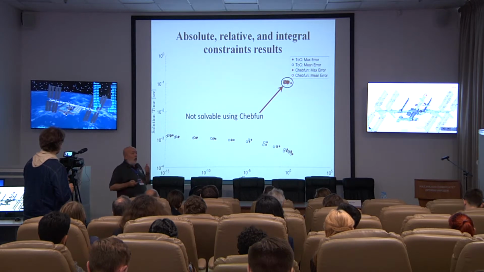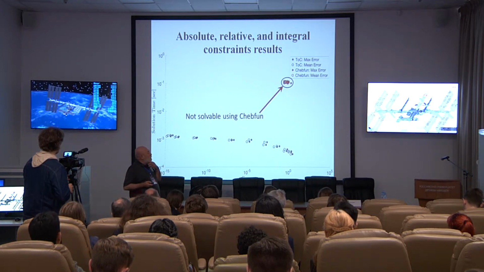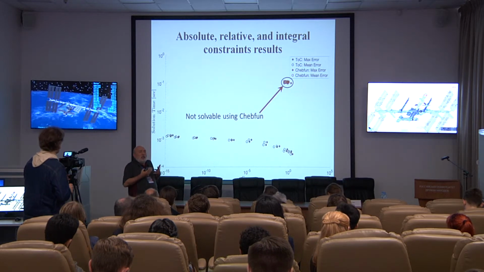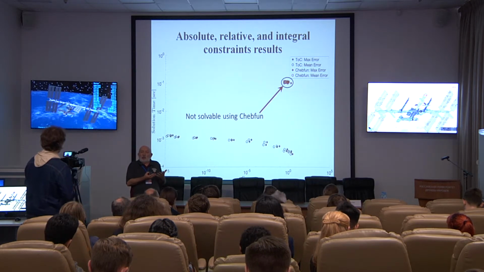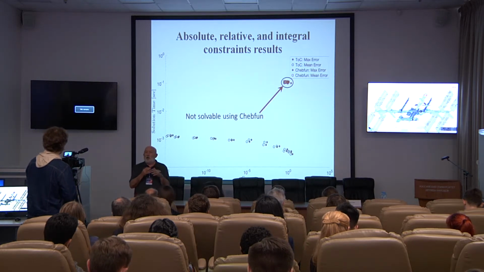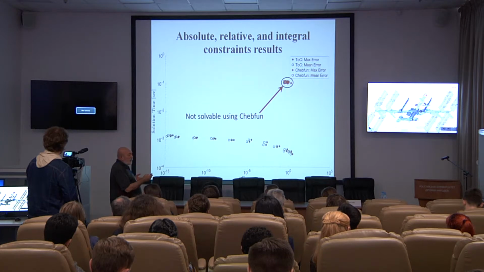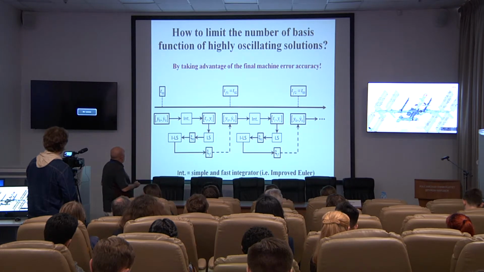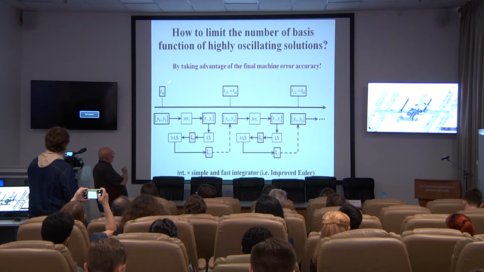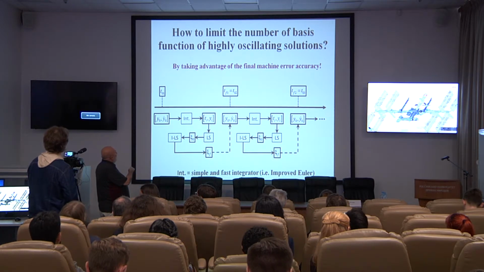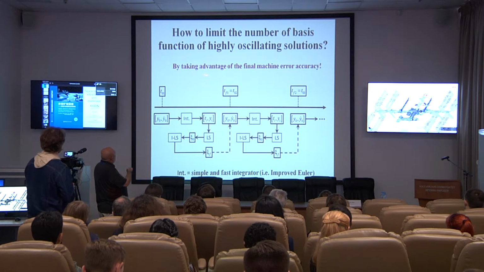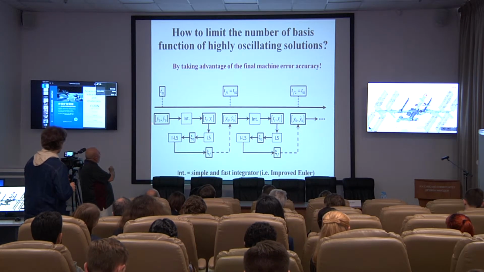And so I try to take advantage of the fact that we can reach machine error accuracy in order to keep limited the number of basis functions that you use. So basically the idea is to split the time in chunks of time where you have an initial value problem.